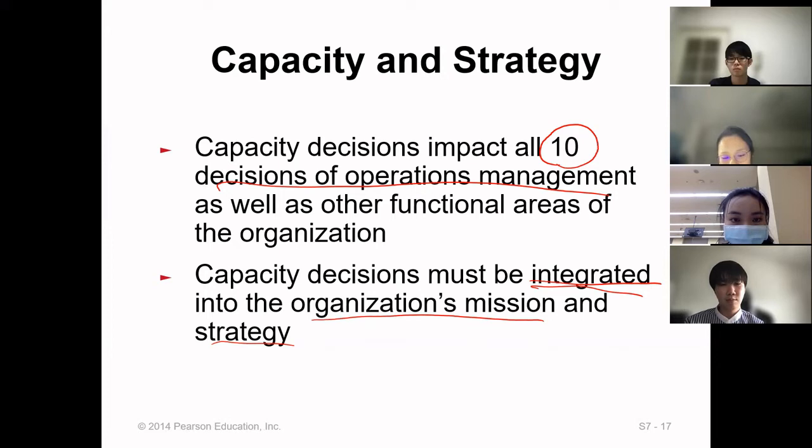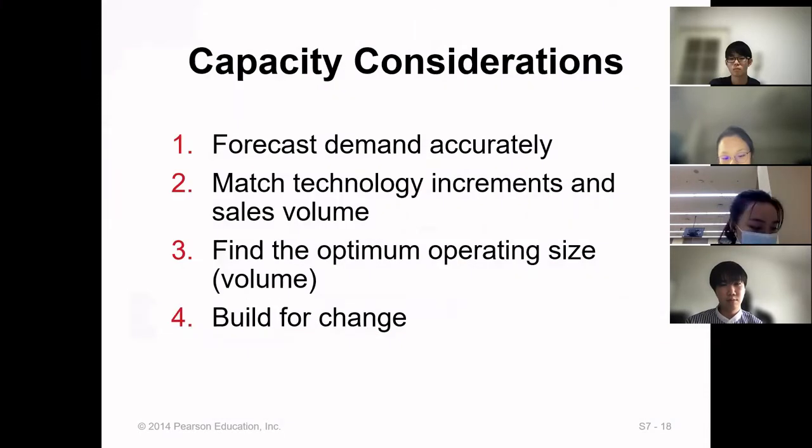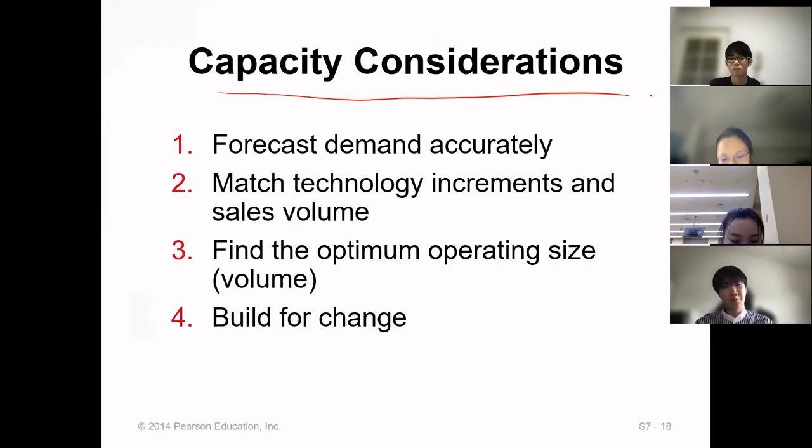So they must meet the mission and strategy. There are capacity considerations that all companies' operations will have to think about. Like I mentioned just now, we are in COVID.